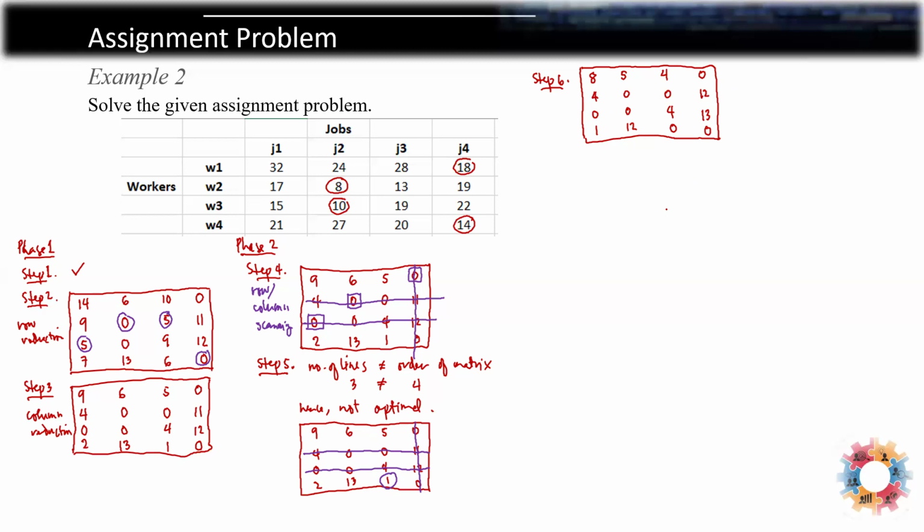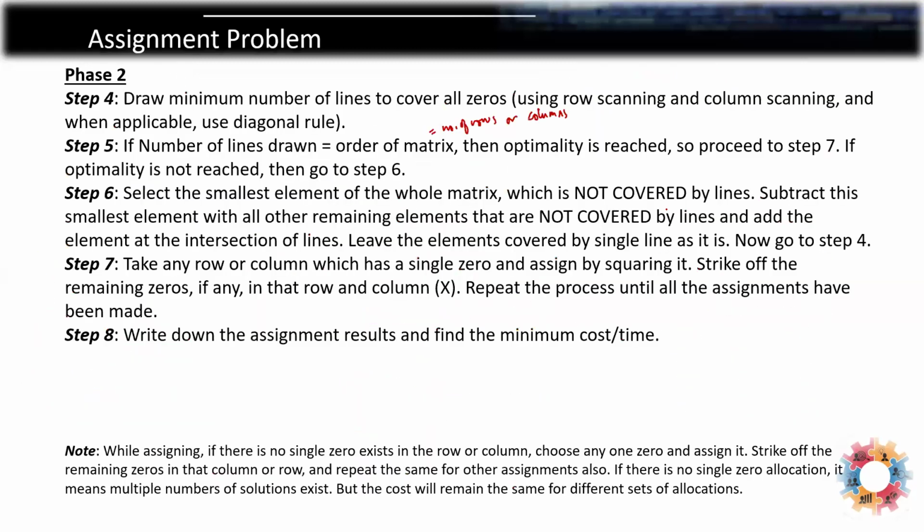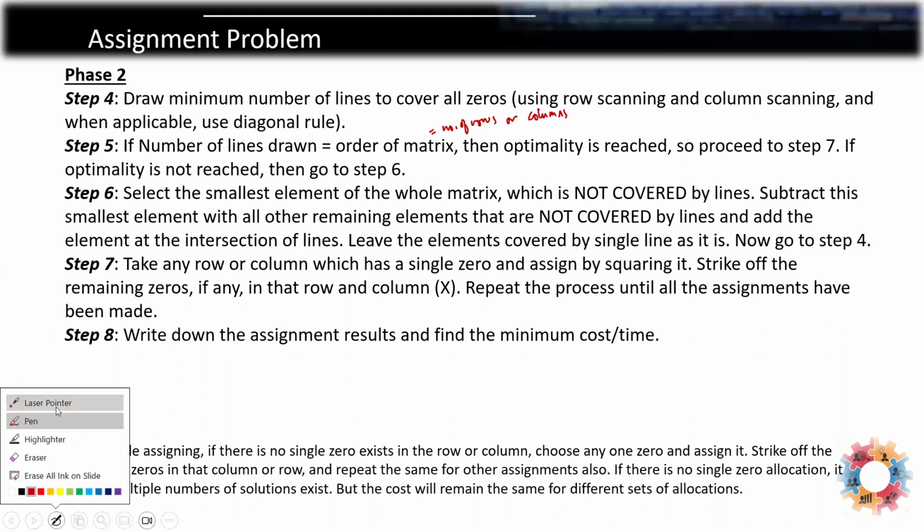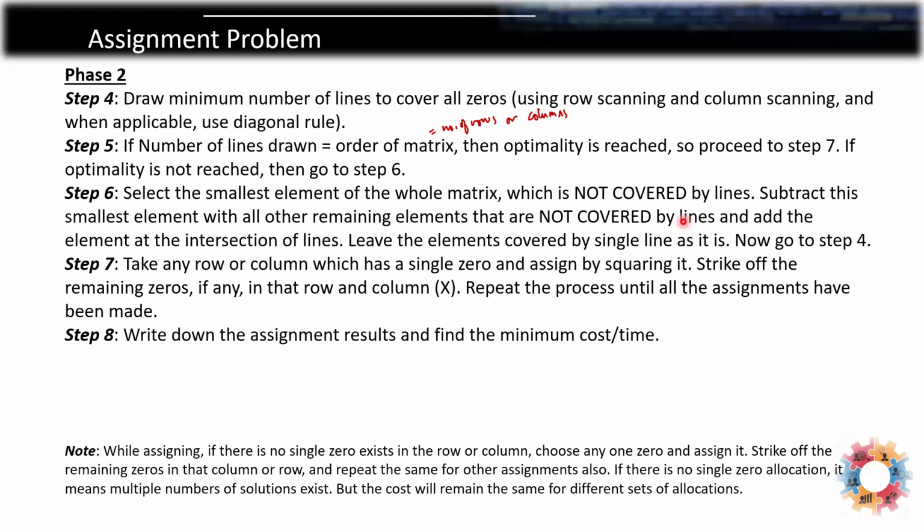Okay, after step number 6, it says here, go to step number 4. In other words, we're going to do another iteration.